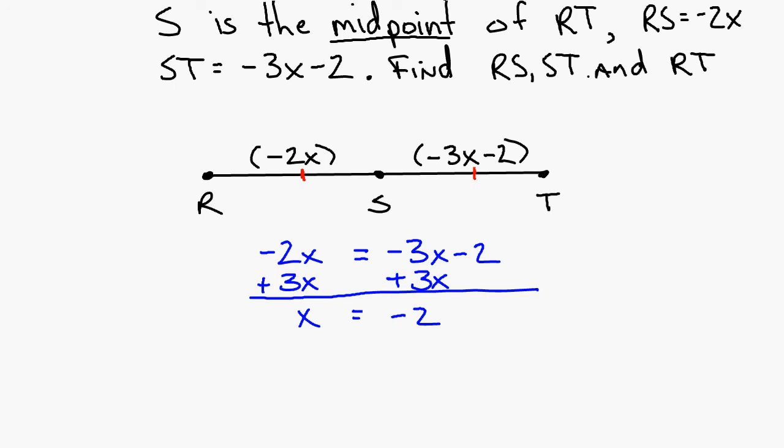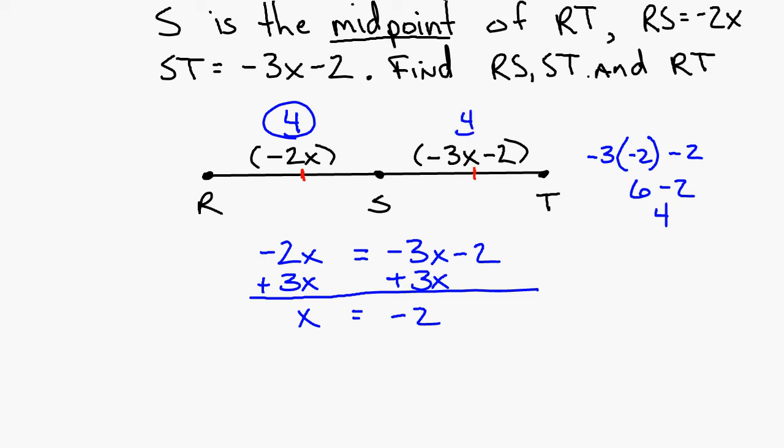If you then substitute negative 2 times negative 2, good, 4. What do you think this piece is going to equal? 4, because they're the same, right? Let's check it, though. Let's do -3 times -2 minus 2. -3 times -2 is +6, minus 2 equals 4.